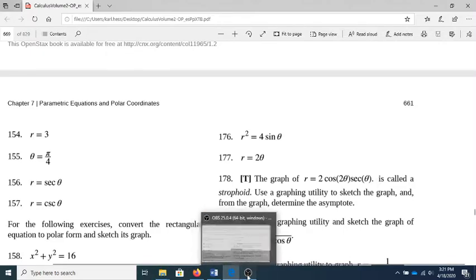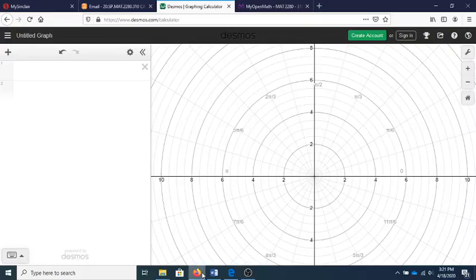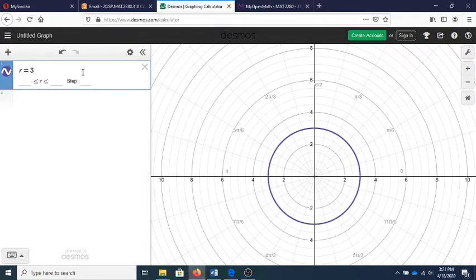Okay, if I go over to Desmos it can actually graph that for me. R equals 3, and look what it graphed. It just graphed the circle that has a radius of 3. Okay. Basically, in this equation, I nailed down r as being 3, so I want all the points that are 3 units away from the origin. But this equation puts no restrictions at all on theta.